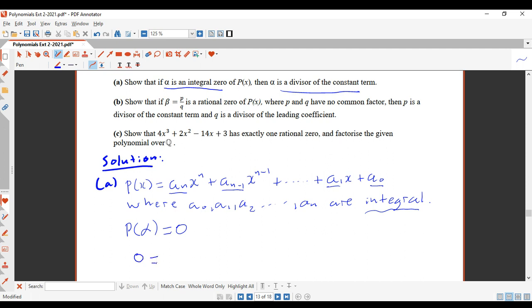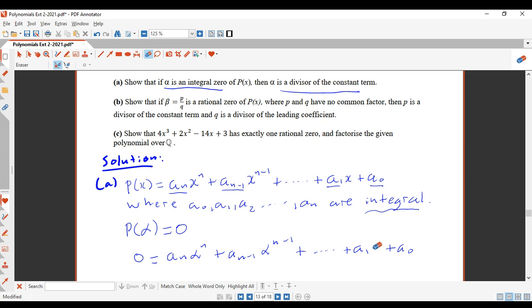So straight away we can write down that 0 is equal to, now just subbing in alpha where the x is, so you're going to have an alpha to the n plus an minus 1 alpha to the n minus 1 plus a1 x plus a, actually no, we don't have an x there, we should have an alpha there.